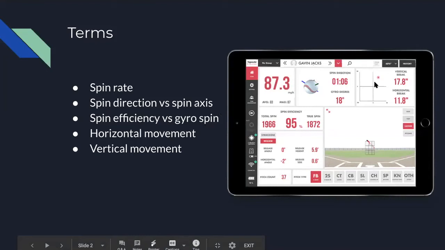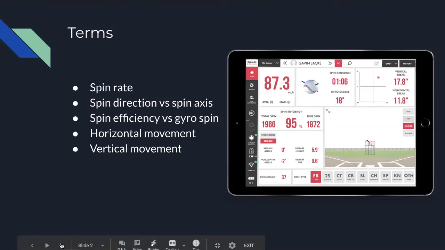So less concerned about the direction of a splitter, more concerned about the amount of spin and then your ability to command it.